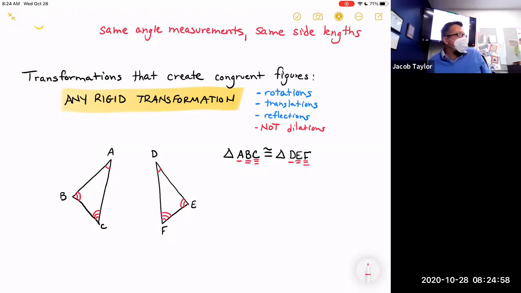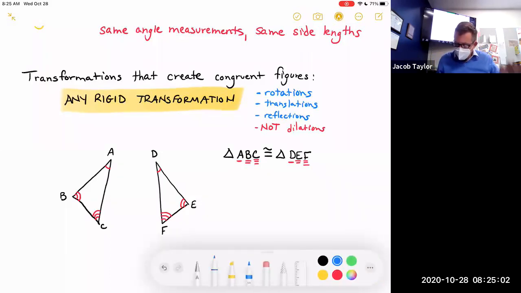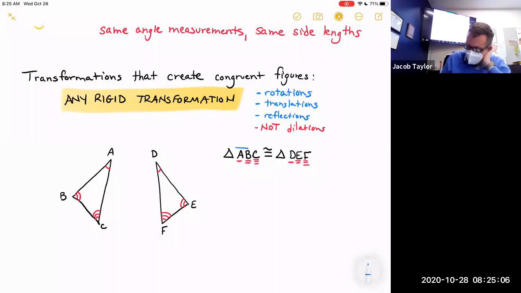Not only does the order matter for angles, it also matters for sides. For example, the first 2 letters are AB, and then in the second triangle, the first 2 letters are DE. That tells me that side AB is congruent to side DE.